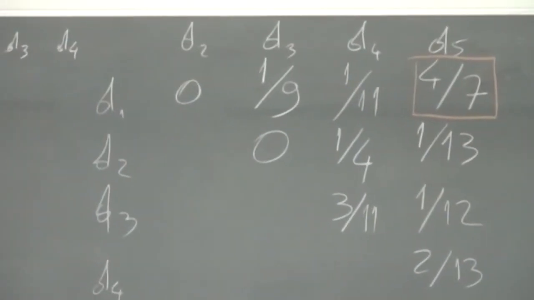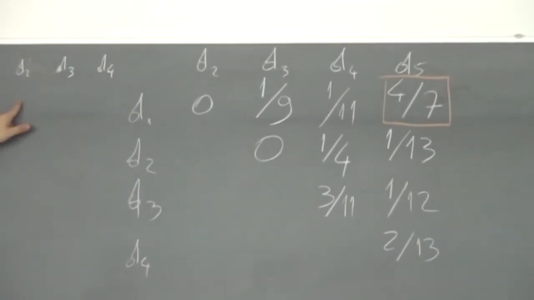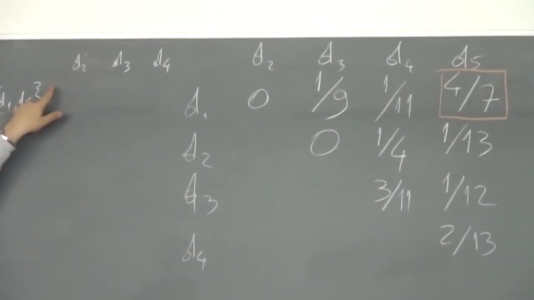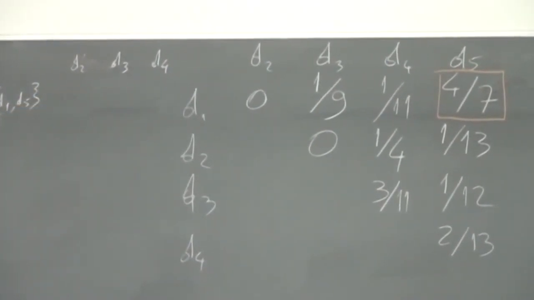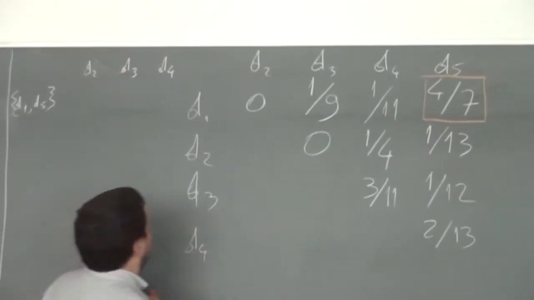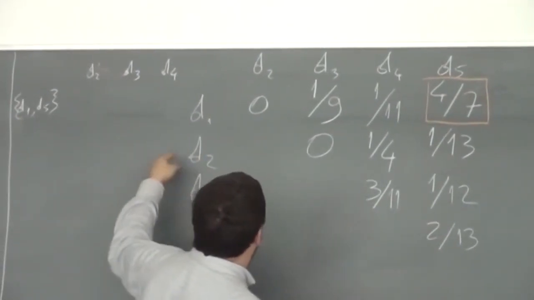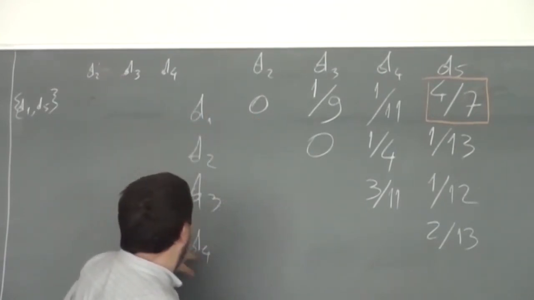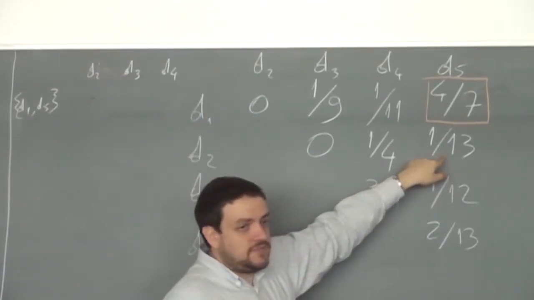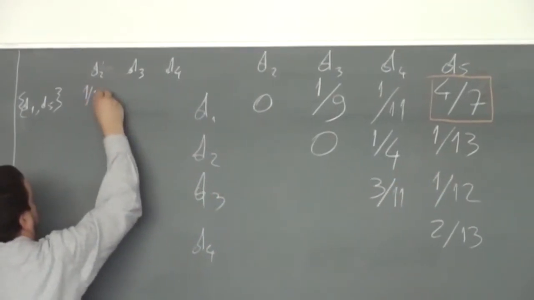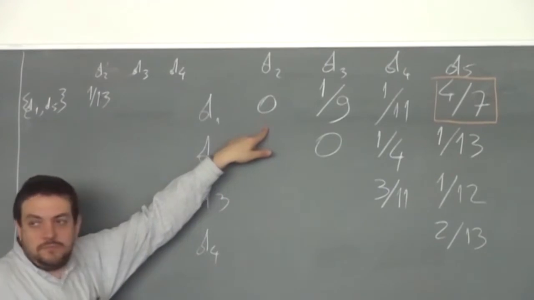The similarity between D1, D5 and D2 is the maximum of the similarities between D1, D2 and D5, D2, because the exercise asks to consider the maximum pairwise similarity between the elements. D1, D2 is 0, and D5, D2 is 1/13. So actually the number I'm interested in is 1/13. I discard 0.